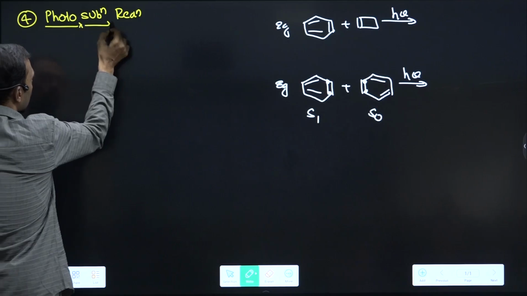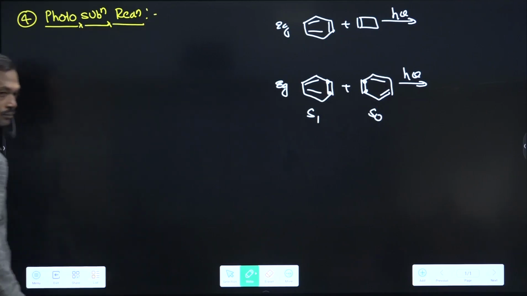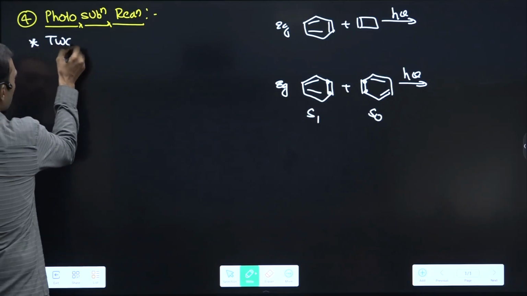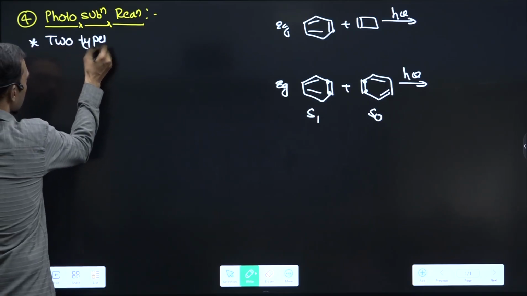Next, photo substitution reaction. Photo substitution reactions are generally classified into two types.